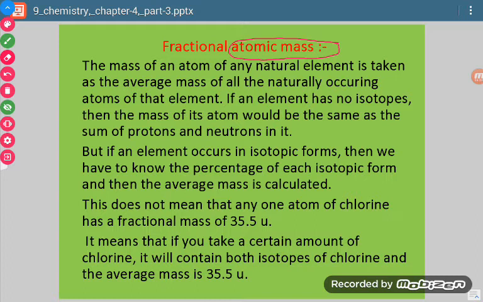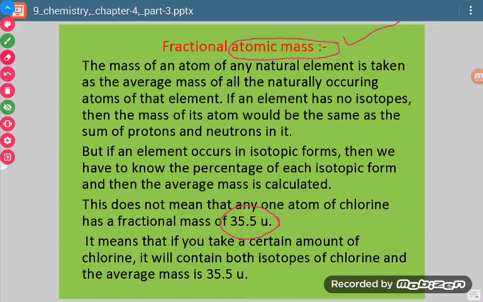Now when we are taking the sum of protons and neutrons, a fraction should never come. So why in some cases is atomic mass a fraction? Just like for chlorine we take 35.5. If it is the sum of protons and neutrons, then where does this 0.5 come from? This is what we are going to discuss here.